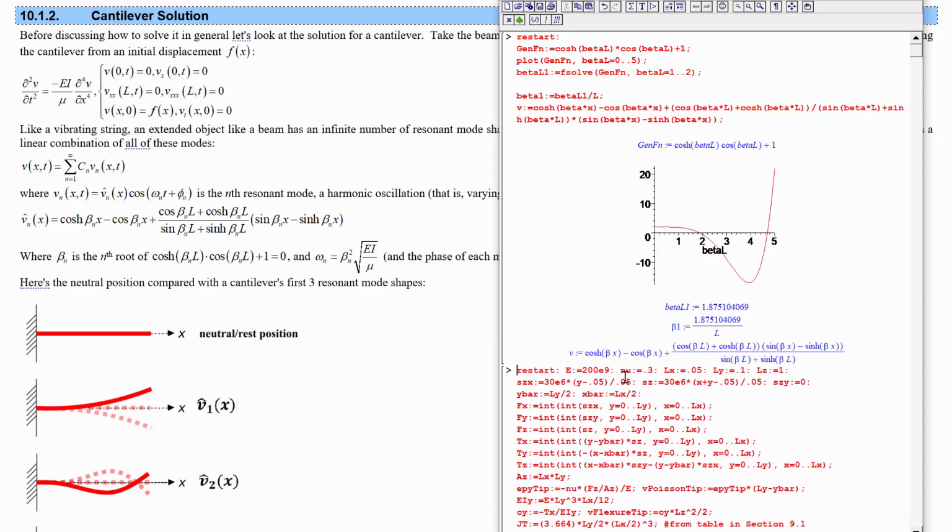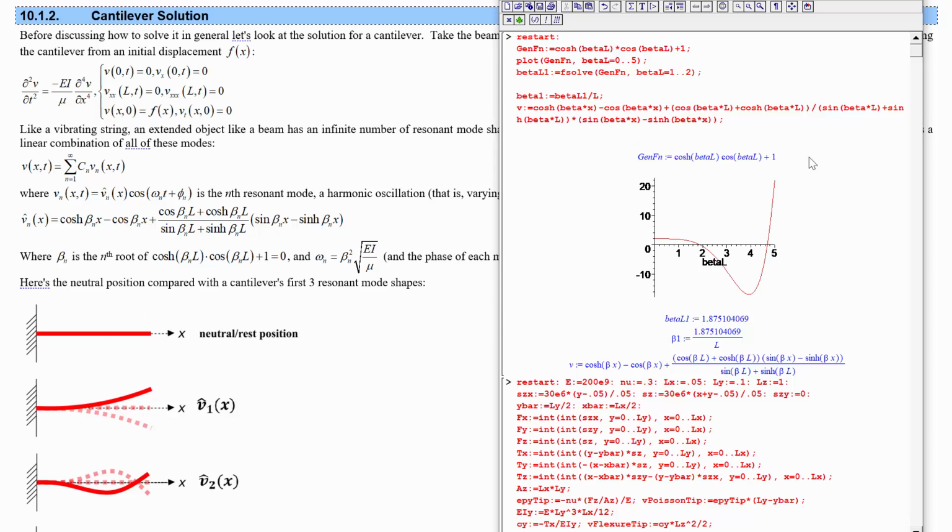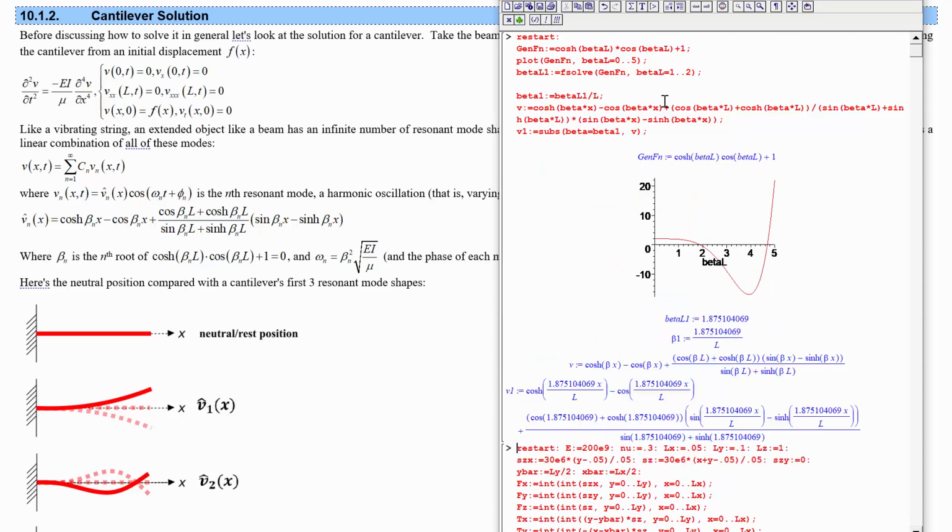All right, so here is our function. The L is known. That would be kind of a constant for any given cantilever. This is like the length of the cantilever. And we've got our beta in terms of L. And we could say now V1 is equal to subs beta is equal to beta 1 into V. Let's have a look at that function.